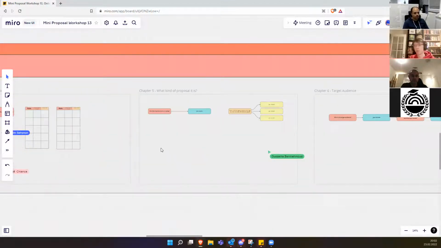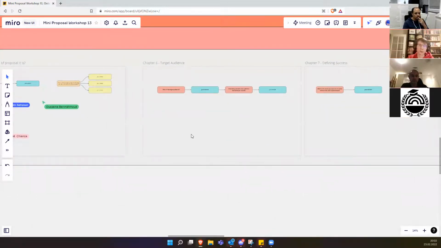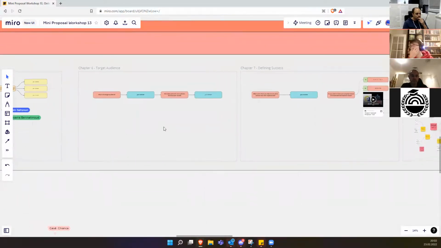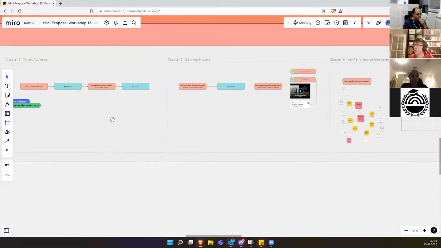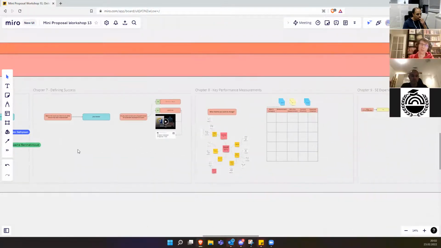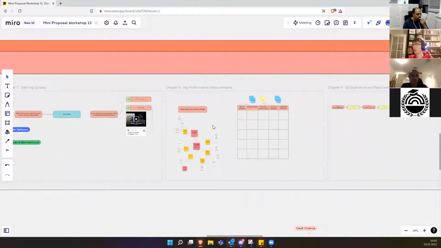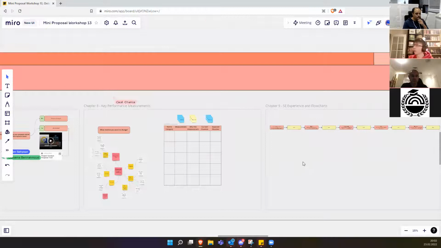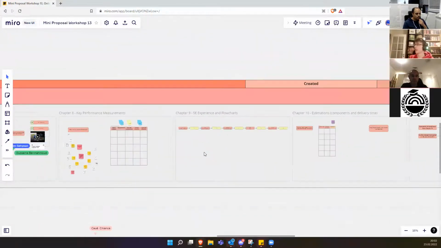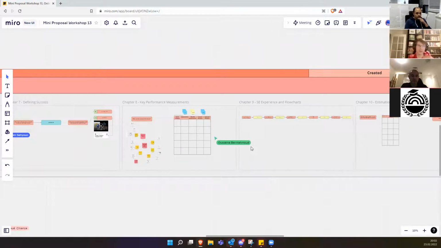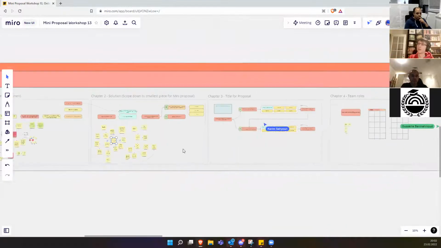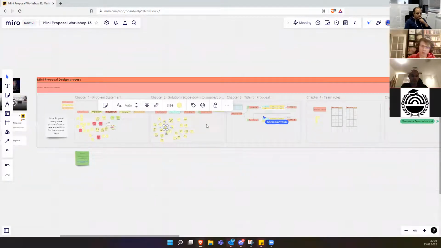What kind of proposal it is may be slightly different, or maybe it's just, again, reshares, and you change a few things in the research based on what the security standards are. The target audience is probably the same, defining success is slightly different, KPIs are probably different, experience is slightly different, but you still have a lot of existing information you could use for the second proposal. And as you build this modular approach, you can of course combine them into one bigger proposal.